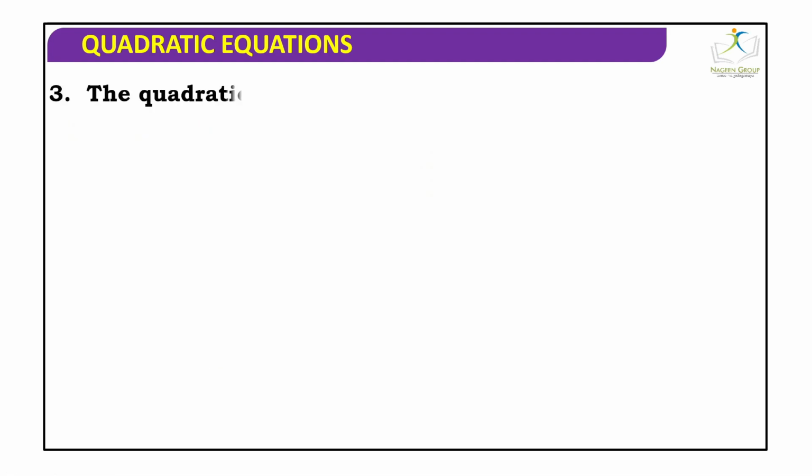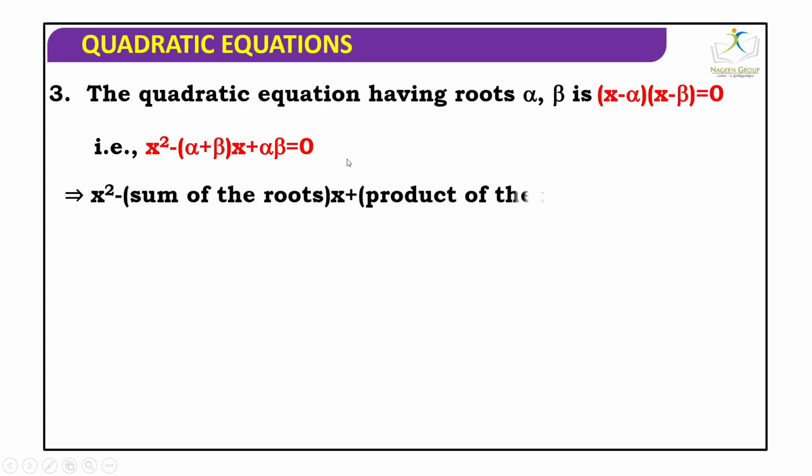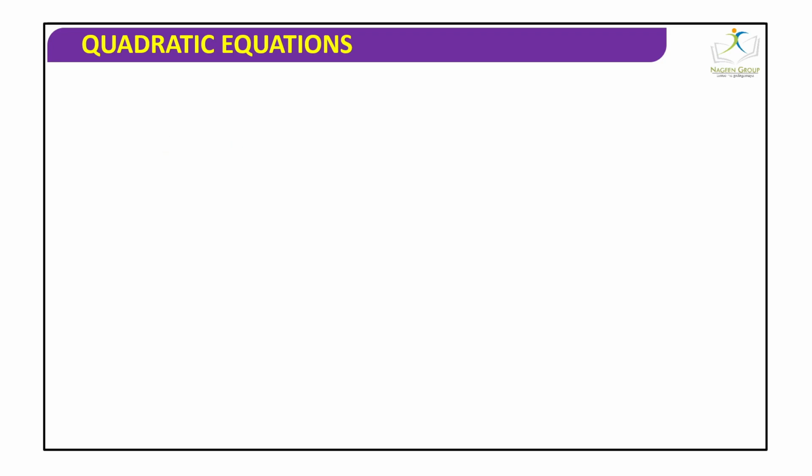So the next point: the quadratic equation having roots alpha and beta is x minus alpha into x minus beta equals 0. And if we have the sum and product, we can write it as x square minus the sum of roots into x plus the product of roots equals 0.